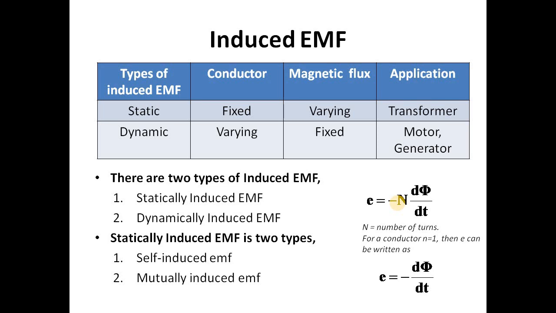The EMF induced will be in the opposite direction of the source which is responsible for the EMF to induce. That's why we have a negative sign. So we'll come back to the statically induced EMF, self-induced EMF and mutually induced EMF.